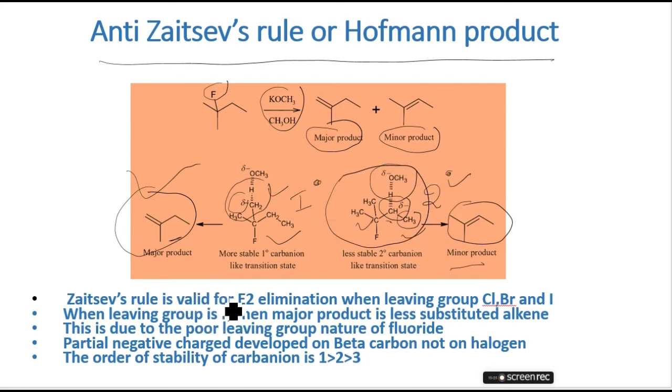So here E2 elimination follows the Zaitsev rule when the leaving group is chloro, bromo, or iodo, and with fluorine, the less substituted alkene will be formed.